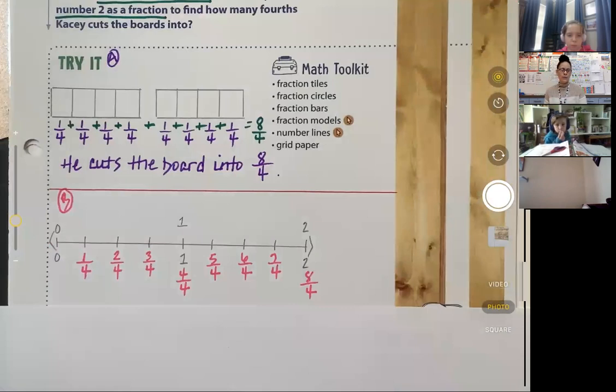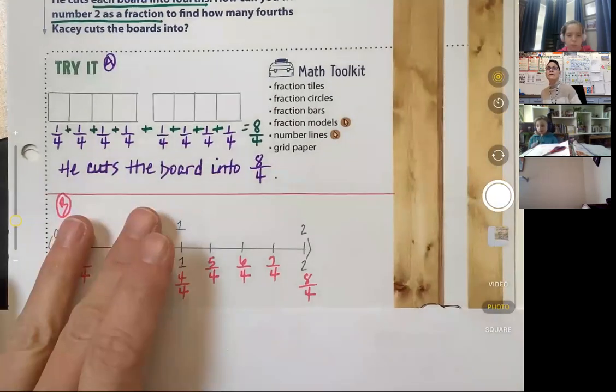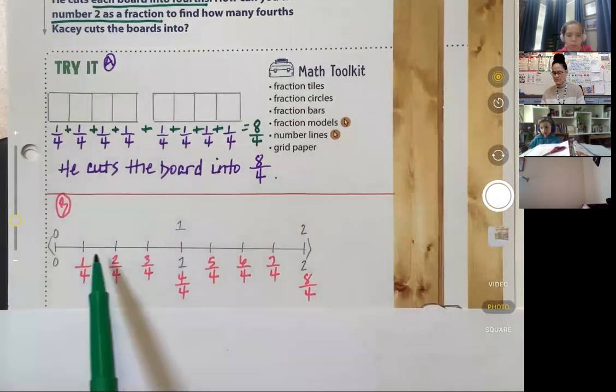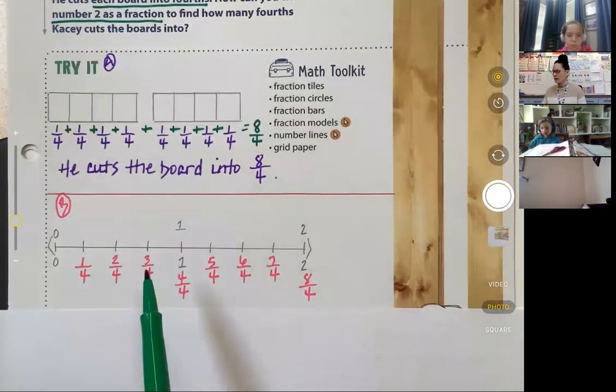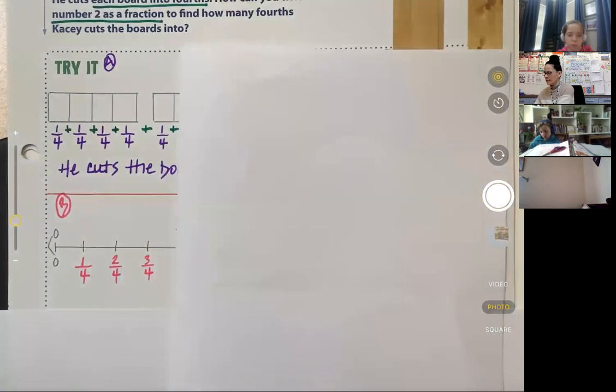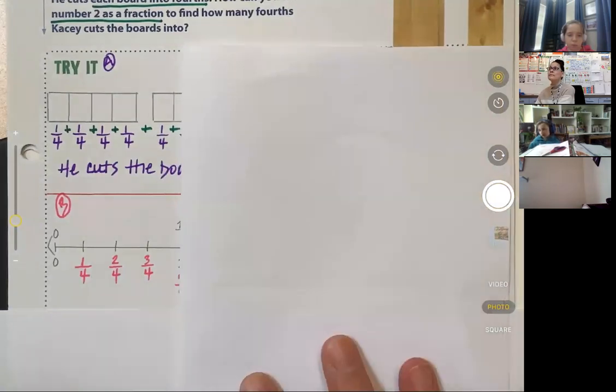Here's your number line, but I would like you to look at the difference between past number lines and this one. Before, we were working with one whole, right? This is where our number lines have ended in the past. Starts at 0, ends at 1. What is the difference now?